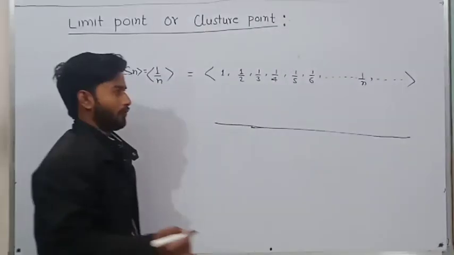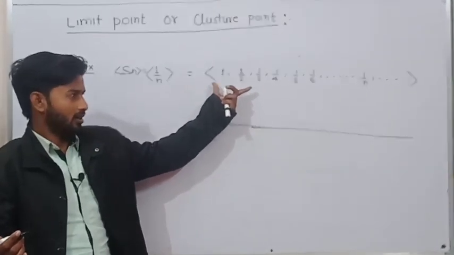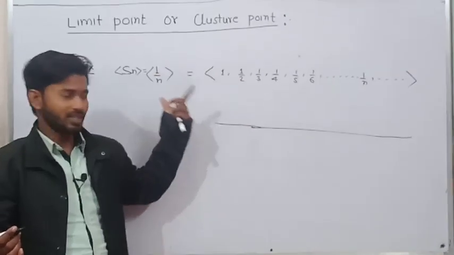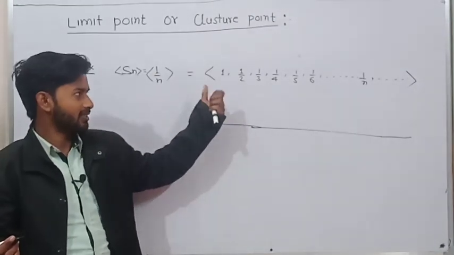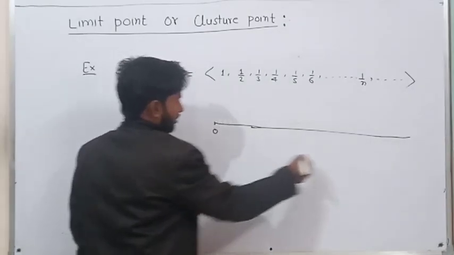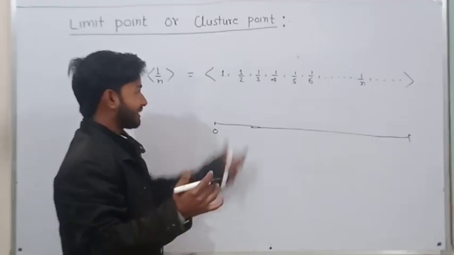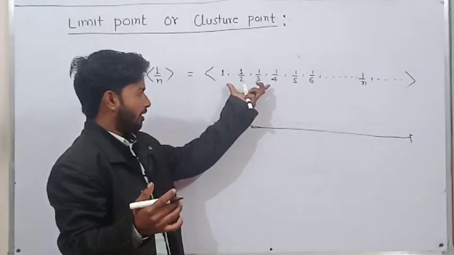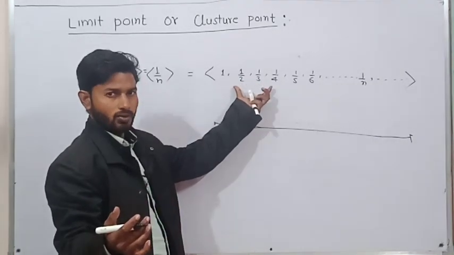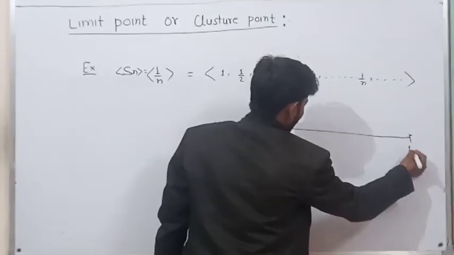First of all, this sequence is bounded, as we discussed boundedness in the previous lecture. The lower bound is 0 and the upper bound is 1, so we can write this as (0, 1).